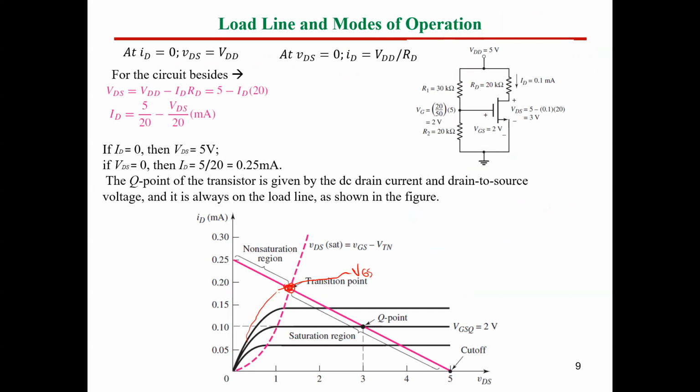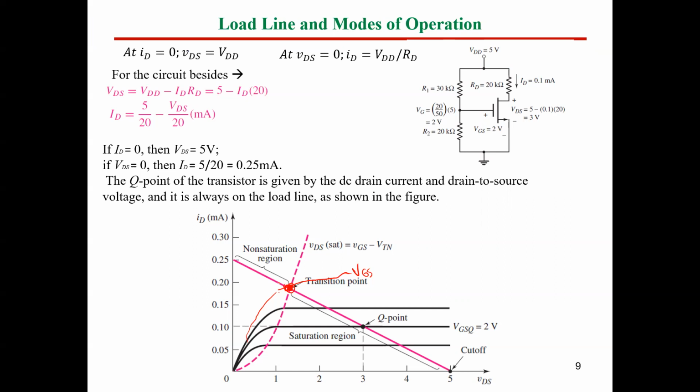So you can use both of the current relations we used before. In this case, we can use the saturation current and substitute with the value of V drain to source in this equation in order to get the point of intersection.